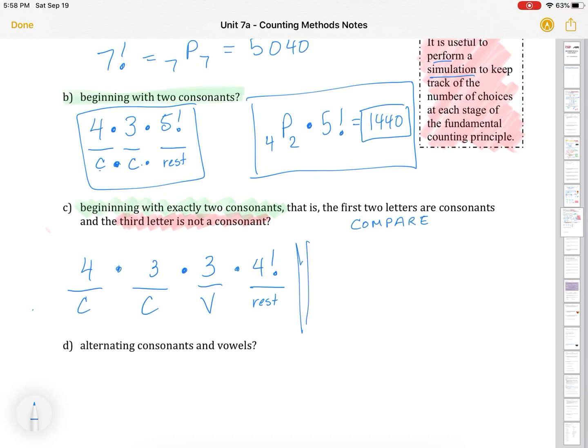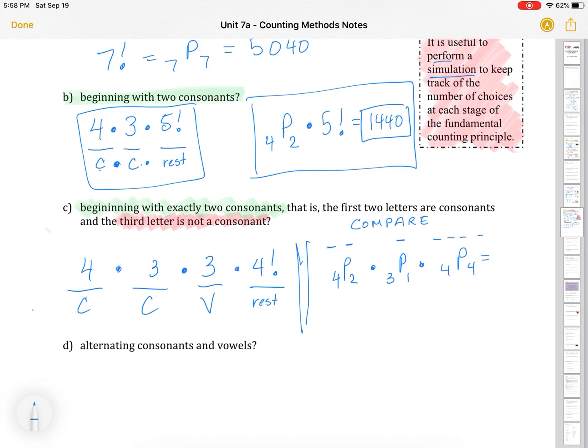Now, we can also write this out using our permutation notation, but we have to identify each step. We have 4P2 for the first two, which is for the two consonants, and then 3P1 for the vowel.